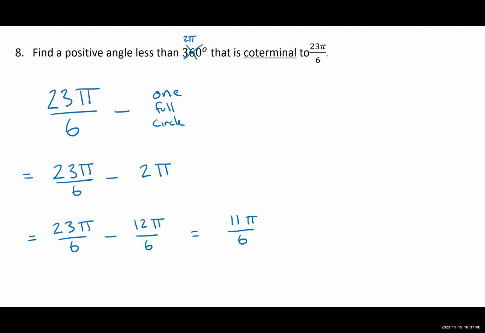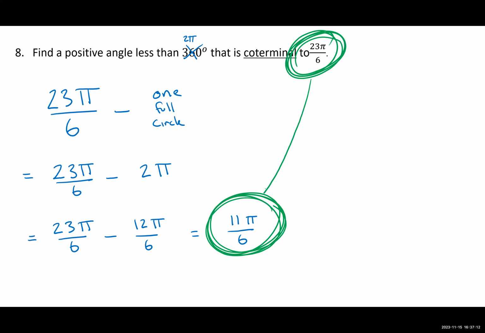So we got 11 pi over 6. So this many radians and this many radians are coterminal. They put you at the same point, the same location on the circle.